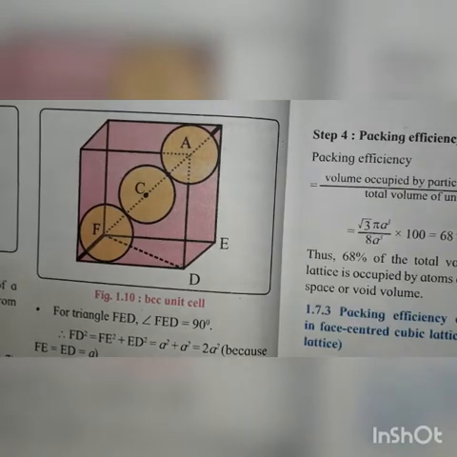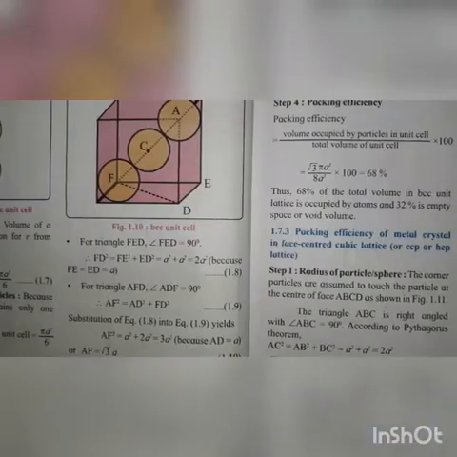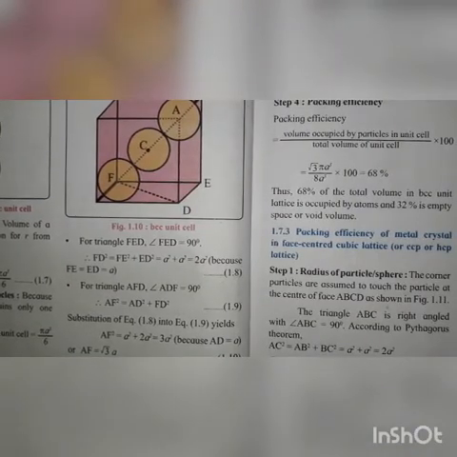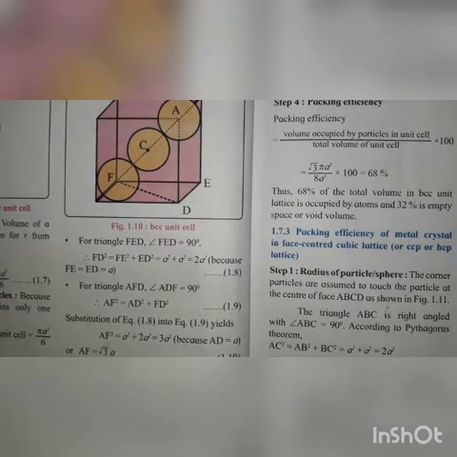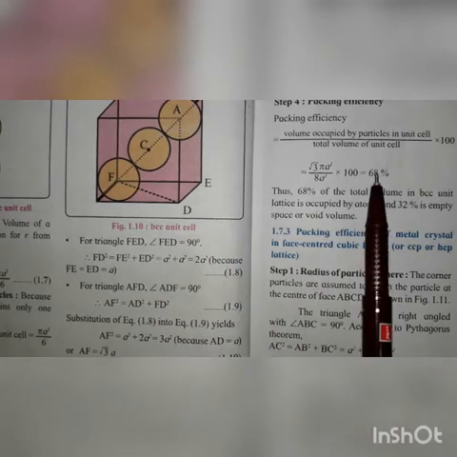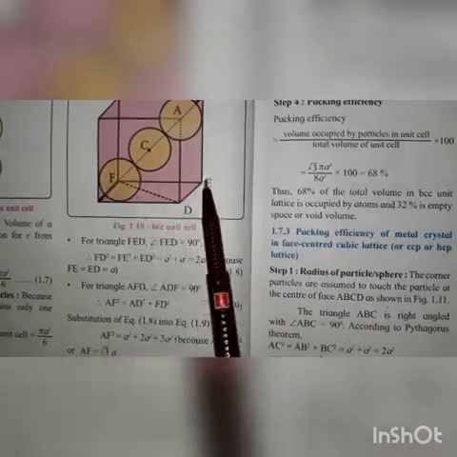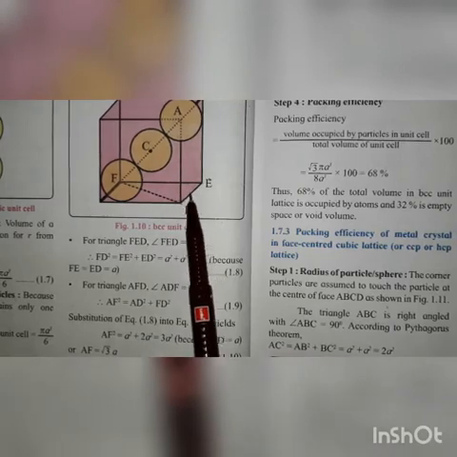Here we will use the Pythagoras theorem. Diagonal square is equal to side 1 square plus side 2 square. See this triangle FED.